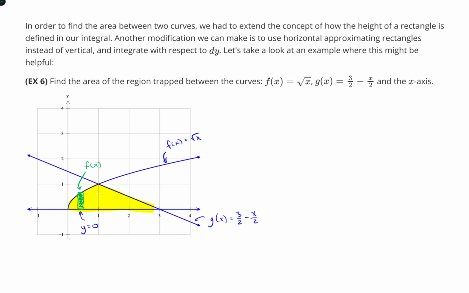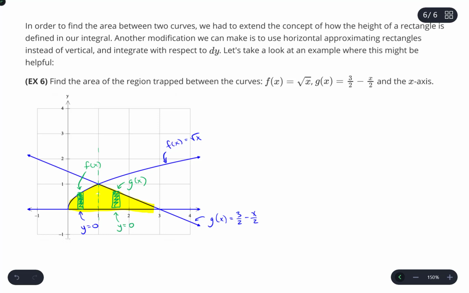And then we reach a certain point, right here, kind of a separation, where we start having the top of our rectangle defined by g of x instead, though the bottom of the rectangle is still y equals 0. So we'd have to do this in two separate integrals if we wanted to proceed. And we could, it's just possibly there's an easier way. And sometimes we need to do this, and it's fairly straightforward to do.